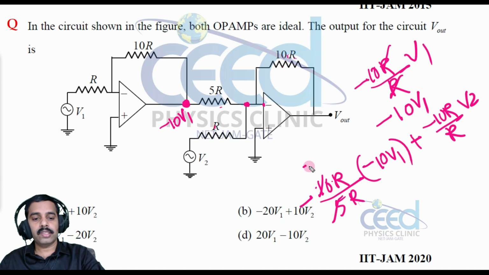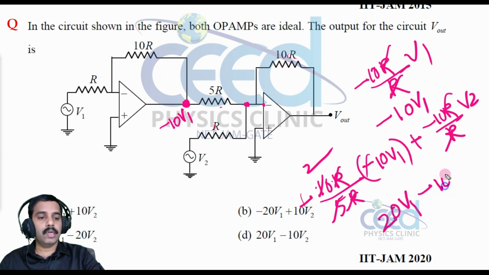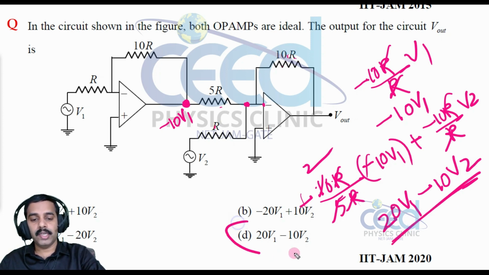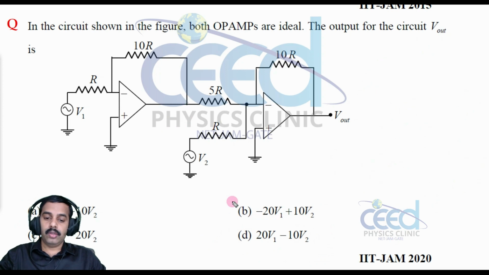So minus minus is plus, and the R's cancel. So we get plus 100 V1 minus 10 V2. So this is the result we have. So option D is correct, right?